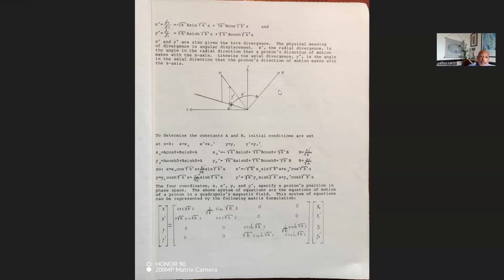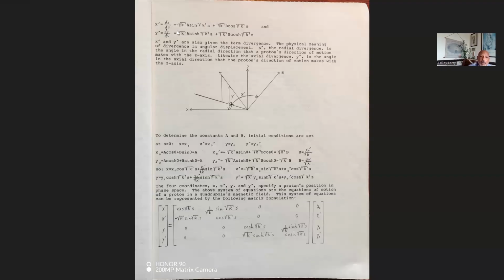And then, as I said, X prime and Y prime represent how much its position has changed, okay, in the horizontal direction and in the Y. And you can see these equations.